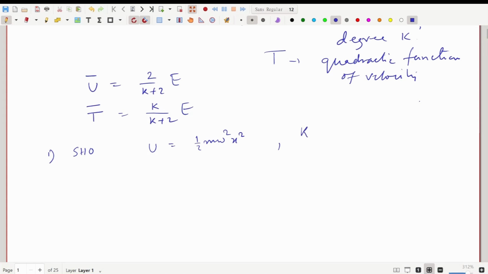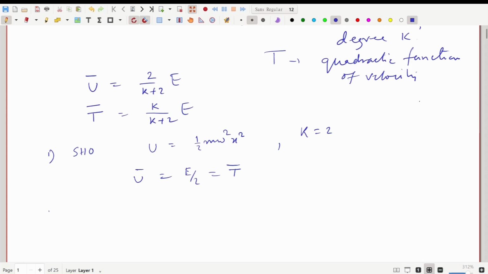So k equals 2. For the simple harmonic oscillator you find U bar is E by 2, the same as T bar. This is a known result: the average kinetic energy and average potential energy are equal and each half of the total energy.